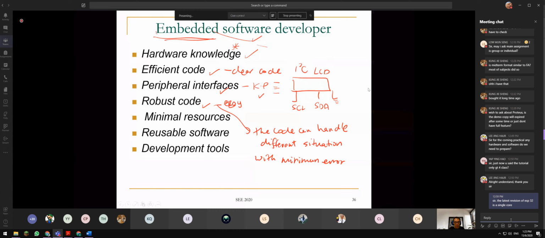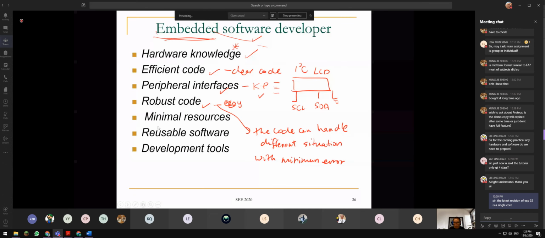Let's say, for example, I write this code and connect to an LED with this exact power. Then I migrate to a different type of LED, a different model, and it still gives you the correct result. You know what I mean?